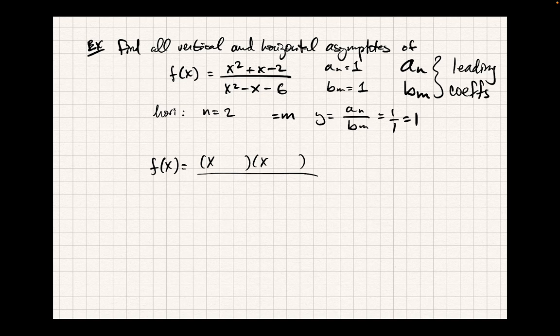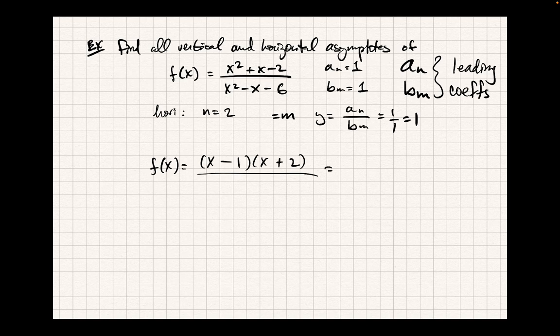For the right part of the factoring, I can have 1 and 2 or 2 and 1, right? Factors of 2. Minus 1, plus 3. They have to multiply together to give minus 2, so I need a plus and a minus, and they have to add together to give plus 1. So I'm going to say plus here and minus here. Let me check this.